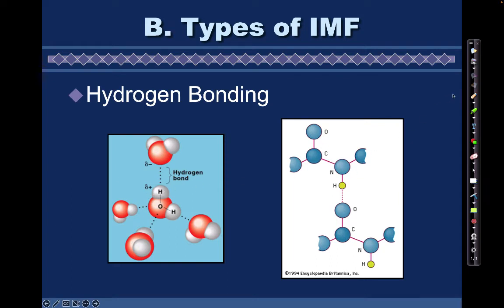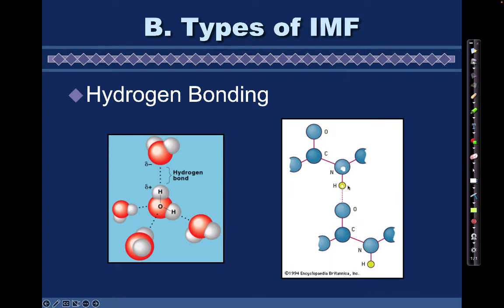If you see a direct line, so right here, this nitrogen is bonding to this hydrogen with a line like this, that represents a covalent bond, okay? In order for something to be considered a hydrogen bond, the hydrogen has to be directly covalently linked to a nitrogen, oxygen, or fluorine.